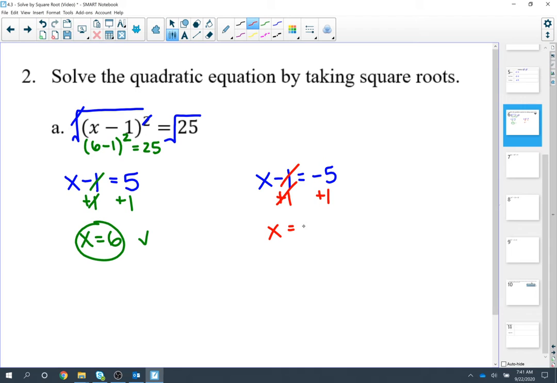So x equals negative 4. And then if I check that solution, I would substitute back in negative 4 minus 1 squared. So negative 4 minus 1 is negative 5, and a negative 5 squared would be negative 5 times negative 5, which is in fact 25. So that solution works as well.